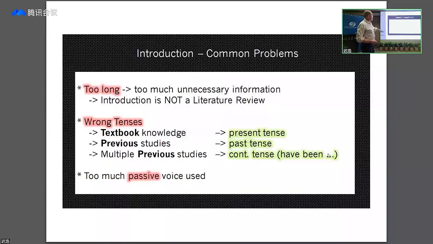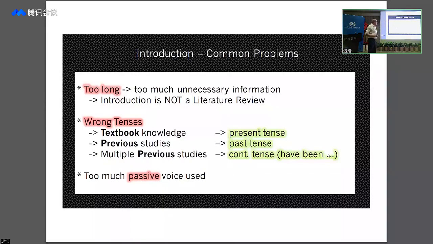The literature review is like the textbook, or 10 textbooks, and an introduction is just the cheese around your scientific question about the gap in the knowledge in this particular field. So that's one thing.